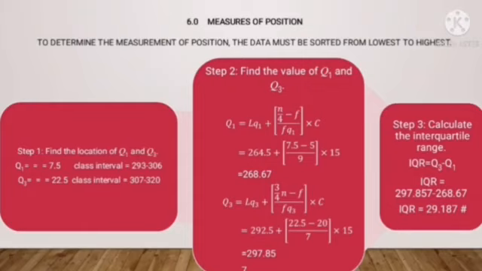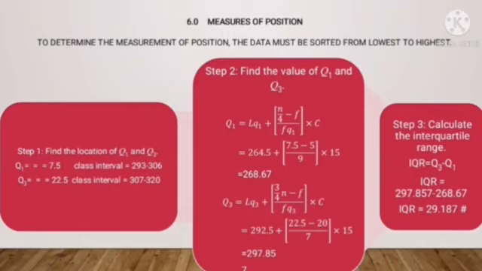Step 2. Find the value of Q1 and Q3. For Q1, we use LQ1 plus (n over 4 minus F over FQ1) times C. For Q1, we got 268.67.